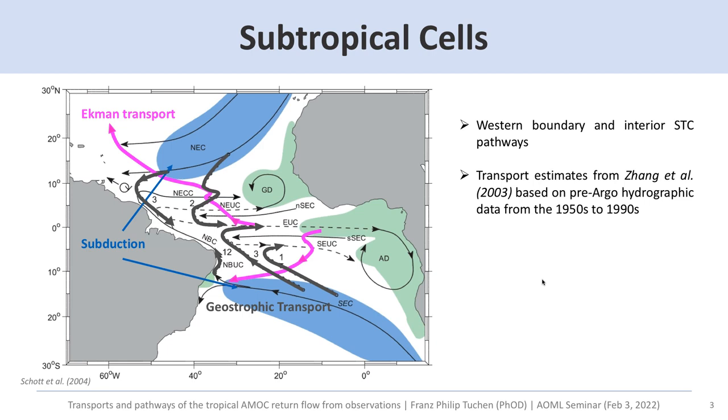And because these data were from before the Argo program started, a big part of my PhD work was actually to revisit these STCs from an observational perspective, now including the Argo data since the early 2000s. And before I forget, the last part of the cells is the upwelling that you can see here in the eastern boundary upwelling systems, but also along the equatorial undercurrent or the equatorial band in general.